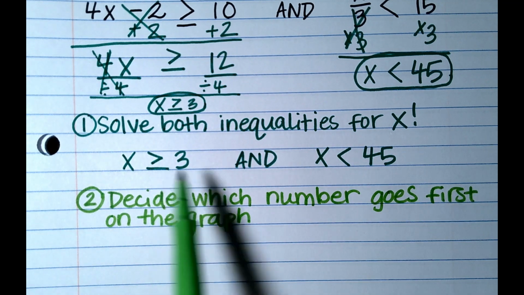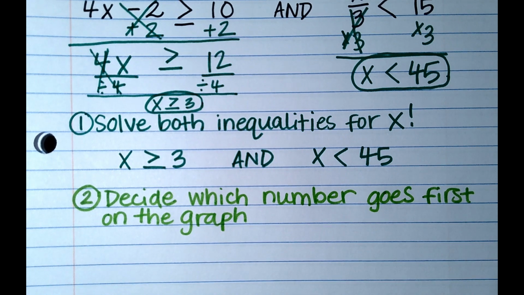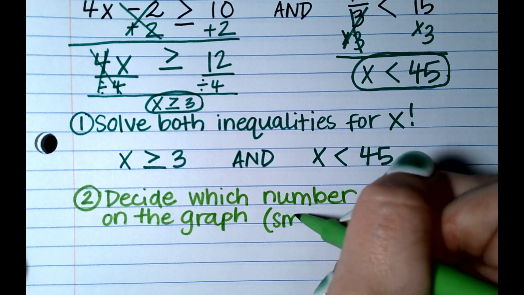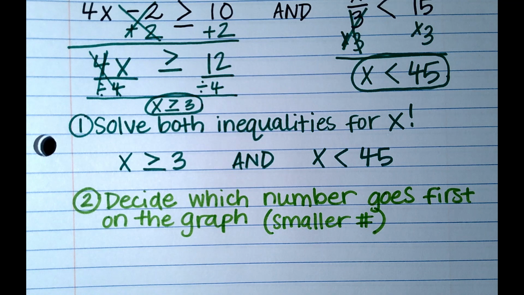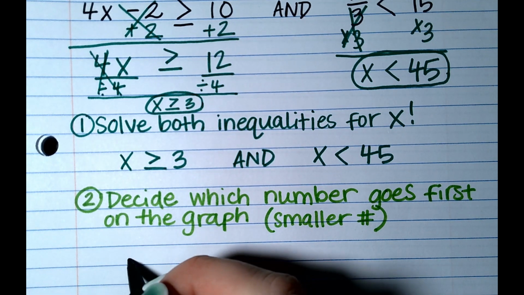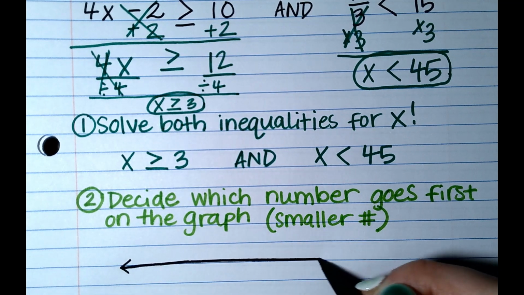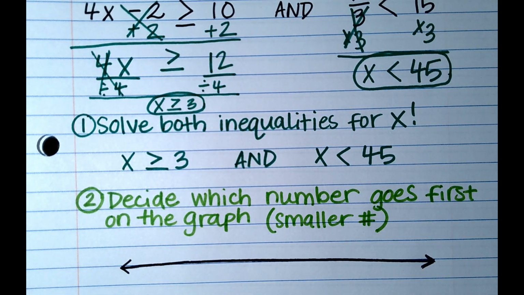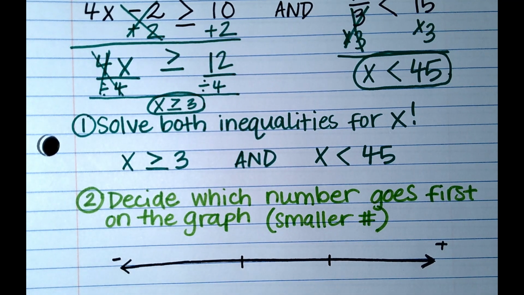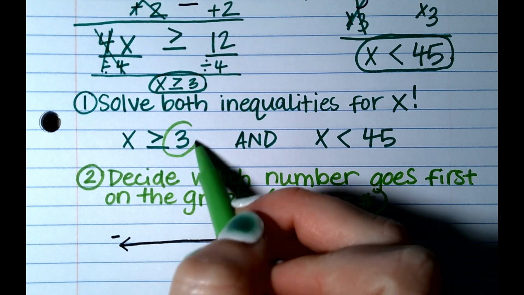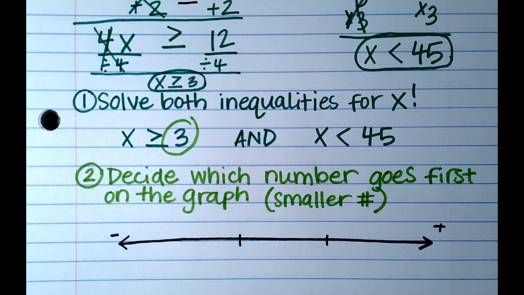And how do I know which number goes first? Yeah, which one is smaller? So it's always going to be the smaller one. Okay, so I will draw my graph and my 2 tick marks, plus, minus, and which number is smaller? 3. 3 is definitely smaller than 45.